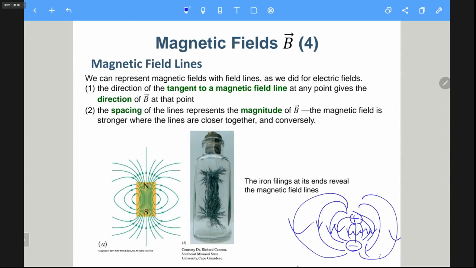So you can somehow see these are the magnetic field lines. Of course, it is not complete because the iron filings are not enough, but generally they will touch the ends of the magnetic bar and follow the direction of the magnetic field lines.